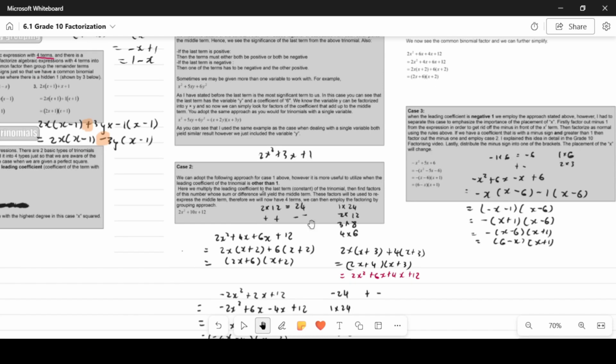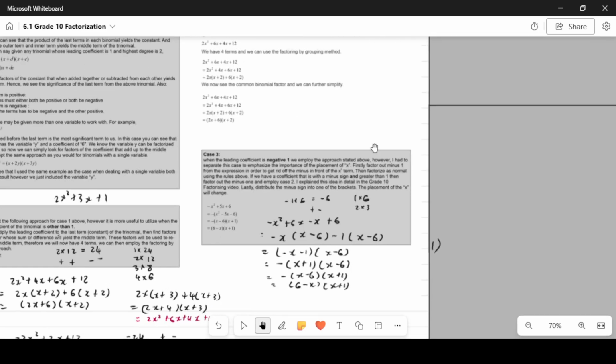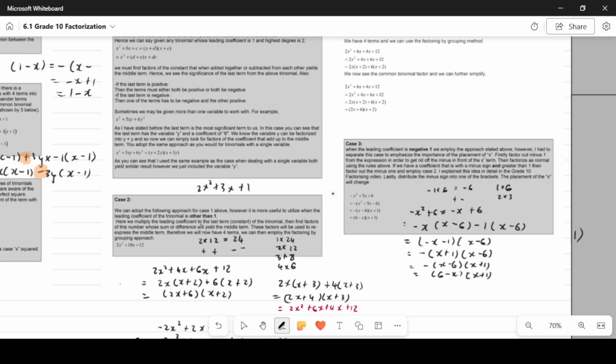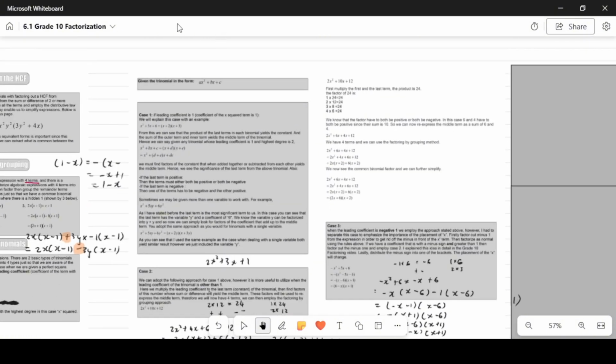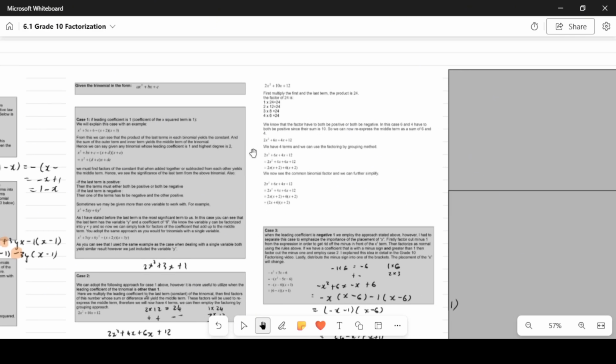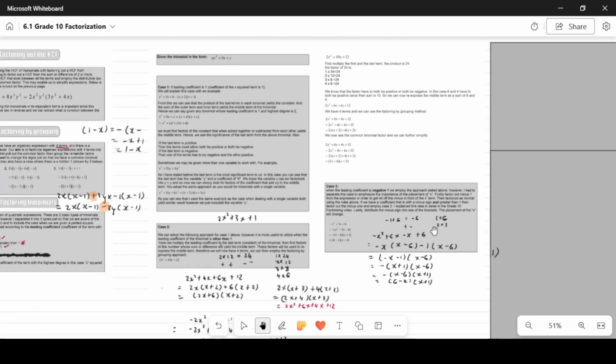Leading coefficient is 1, leading coefficient is other than 1, leading coefficient is -1. Remember, I could link these two cases, but with case 3, you could solve it using case 1 technique or case 2 technique, right? To give you a good overview, this is everything that we've discussed and every question that we discussed, and you'll be able to solve any trinomial question if you've mastered these techniques, right?